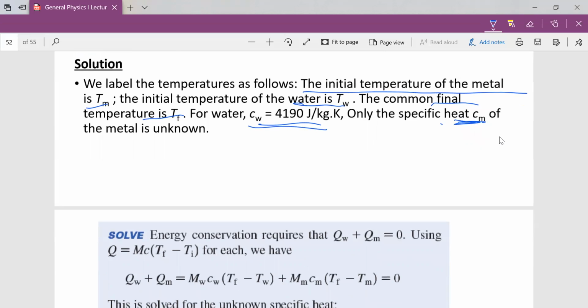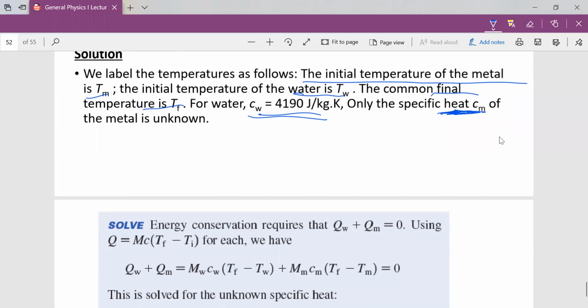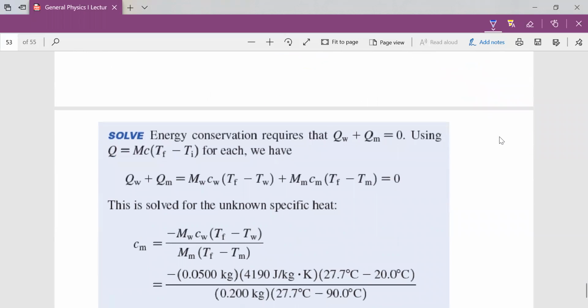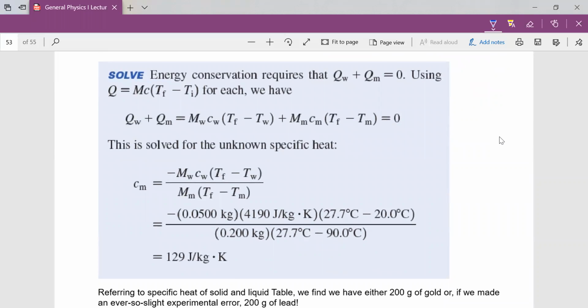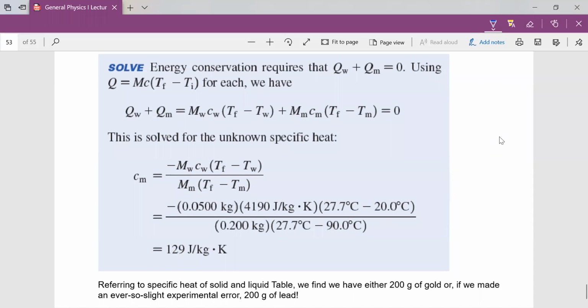If we can find the specific heat of that metal, we'll go to the specific heat table, see the metal that carries that value, and say that is it. If we see two metals having the same value, we can say it is either A or B, because they have the same value. Then there are other tests to further verify the exact metal.